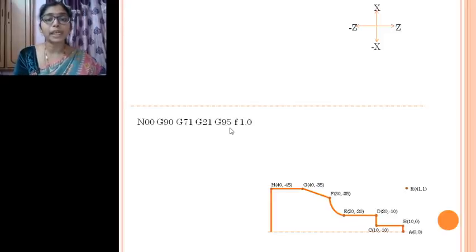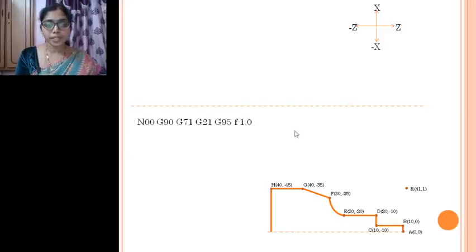G95 will tell that the feed is in mm per revolution. Now after defining what it is, you have to tell how much feed it has to take. So we define F is 1 mm per revolution. F 1.0 means 1 mm per revolution it will take through the program, right?